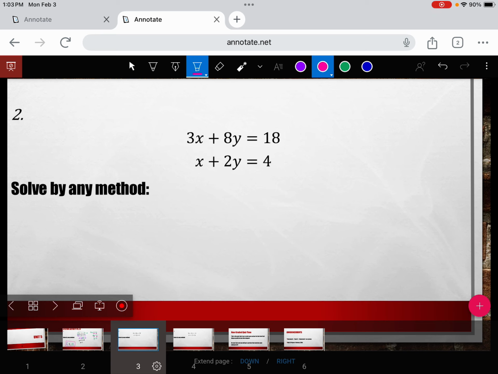Fantastic. That was beautiful. What number is that? 0. How'd you get that 0? Because you got your y. Now you're going to take that your y is 3, and go back to one of these equations to figure out your x.